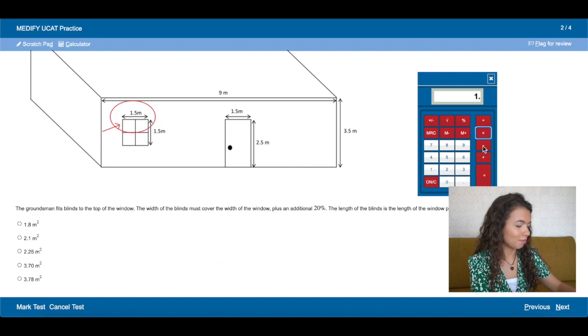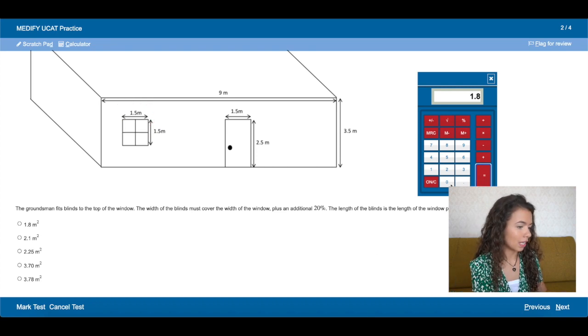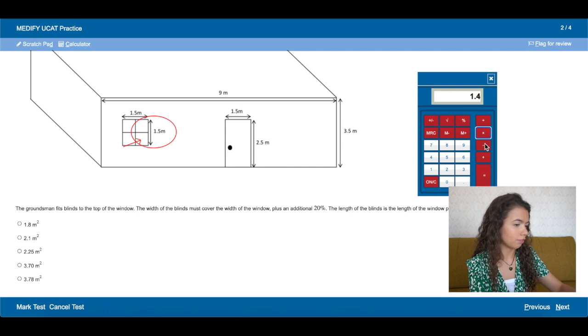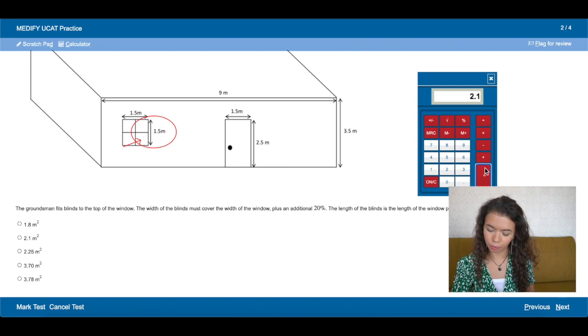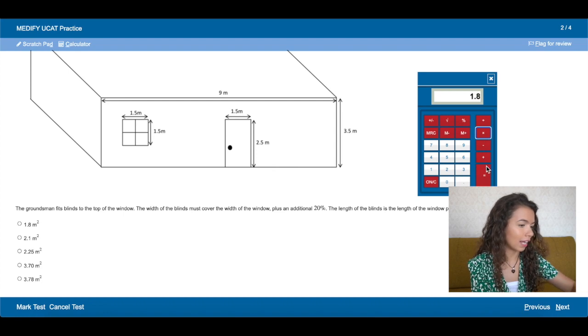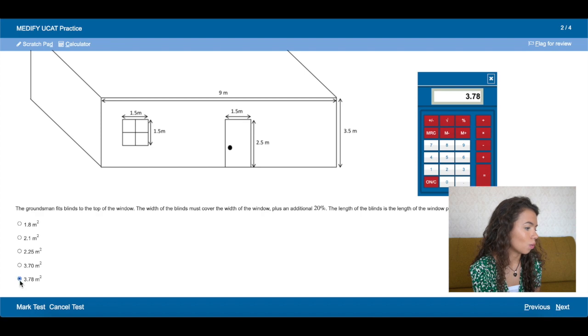So 1.5 times 1.2 gives you 1.8, and I'm going to do the same for the additional 40%. Again, the 1.4 is as if you're multiplying it by 140%, if that makes sense. So 1.5 times 1.4 gives you 2.1. And we wanted the area of the blinds, so 2.1 times 1.8 gives you 3.78 meters squared.